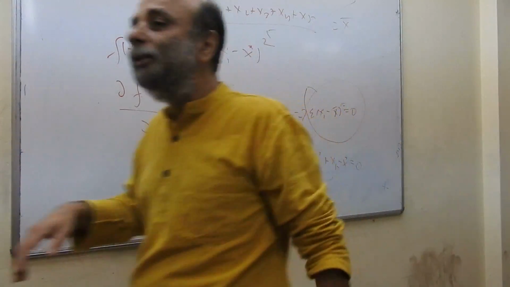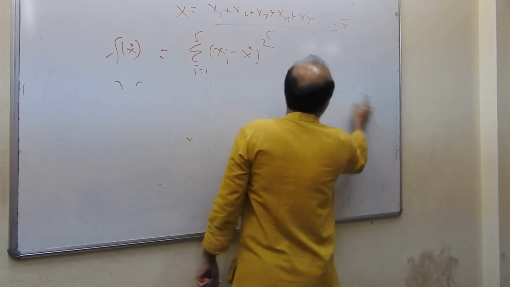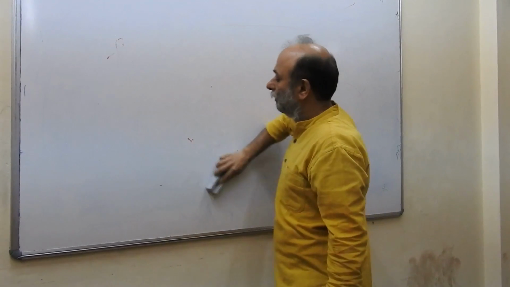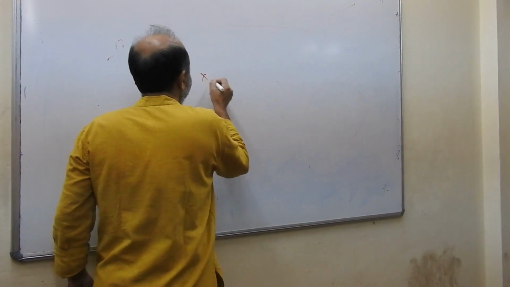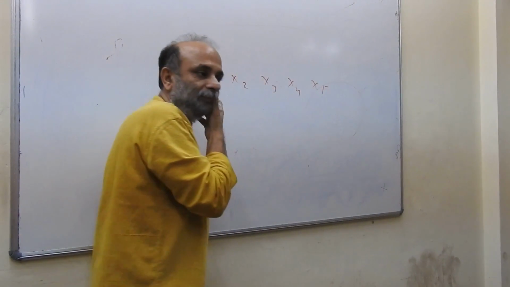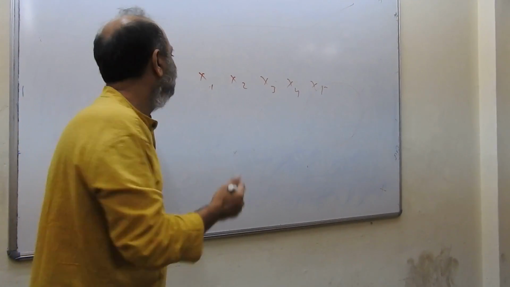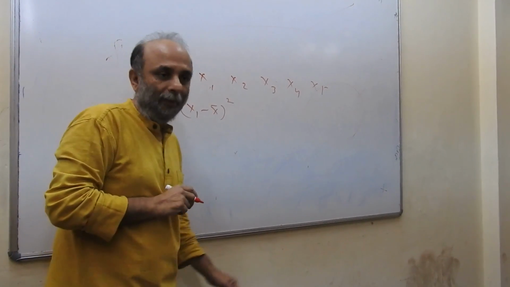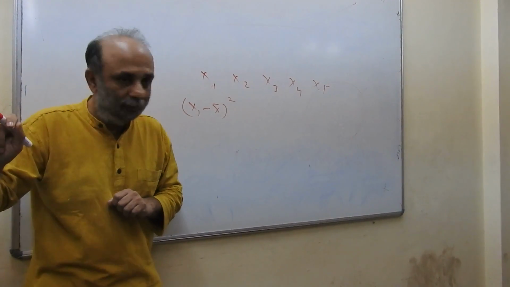Now following this idea of distances, suppose I've got 5 values, say x1, x2, x3, x4, x5. If I write x1 minus x bar squared, that's the distance of x1 from the mean.